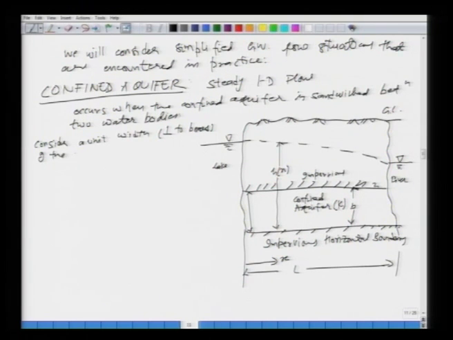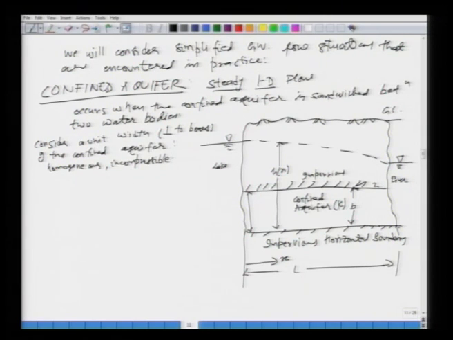That is our objective for the confined aquifer. And we are saying that the flow is steady, it is one dimensional, and all the other assumptions are valid, that is, the aquifer is homogeneous, incompressible flow is taking place, we will always assume these things, and it is isotropic.